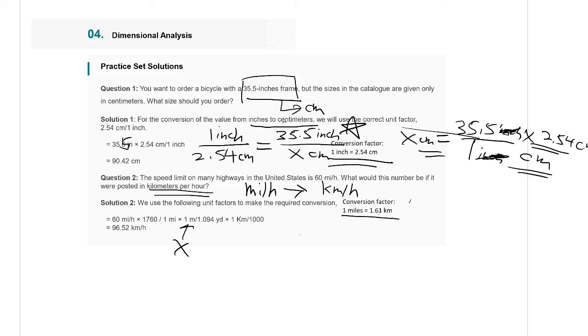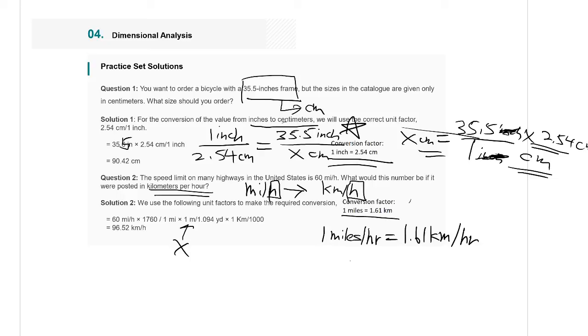Because we have the same unit, hour, in there, we just keep the hour the same. In other words, the conversion factor of 1 mile equals 1.61 kilometers. So if we have 1 mile per hour, it should also be 1.61 kilometers per hour.